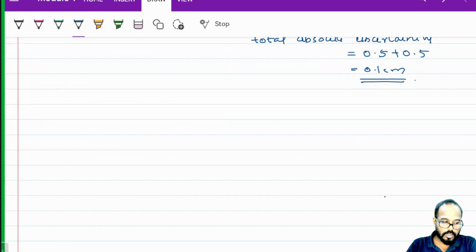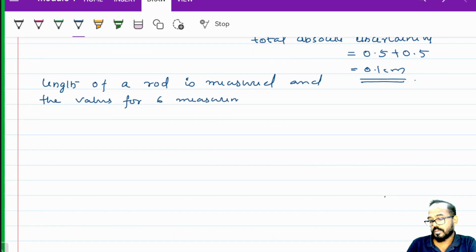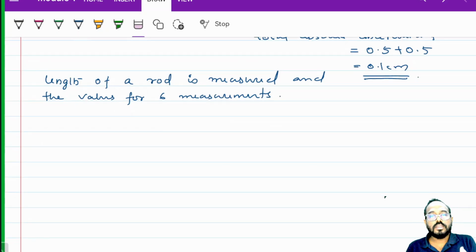Say a length of a road is measured and the values for 6 readings, 6 measurements. You consider this example to find out the absolute uncertainty and uncertainty in a given set of measurements.